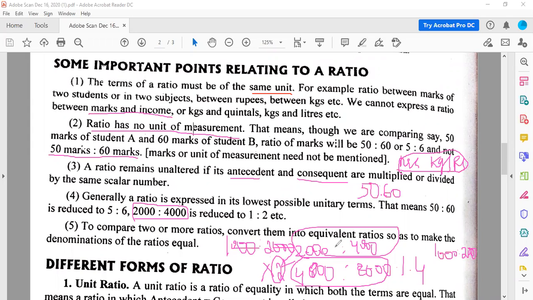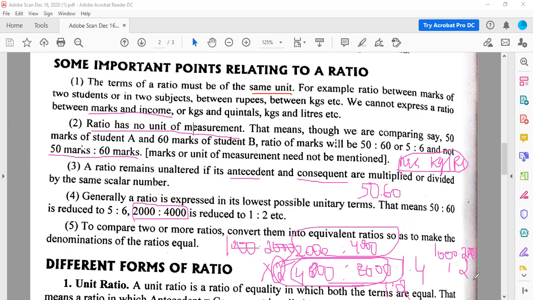Now if I multiply it by 2, 4000 is to 8000 also is in the ratio of 1 is to 2 only, if you simplify it. Now if I divide this ratio by 4, again I get 1 is to 2 ratio only.